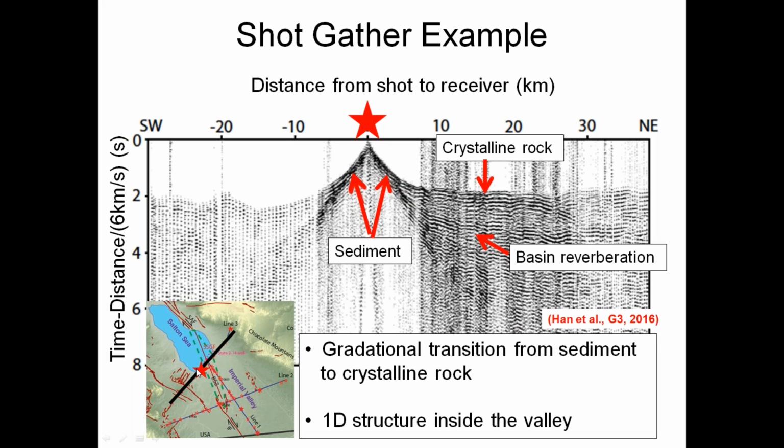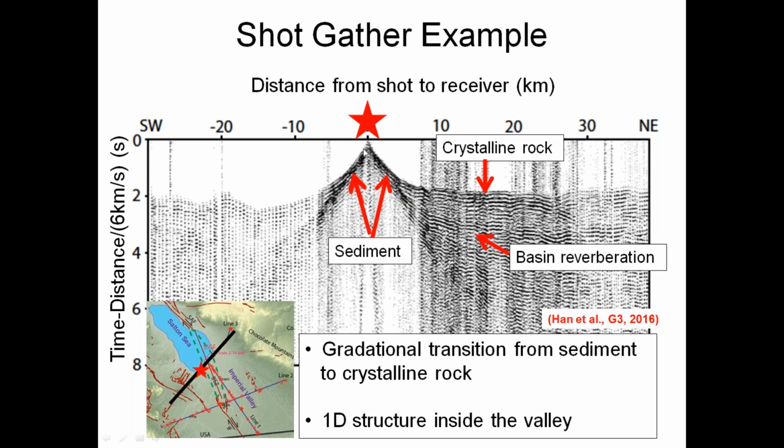Here is another data example from a shot point near the Salton Sea, along line 3 at the southern shore of the Salton Sea. The bump at offset -20 is at Superstition Mountain, and the receivers in the west are more sparse than in the valley.